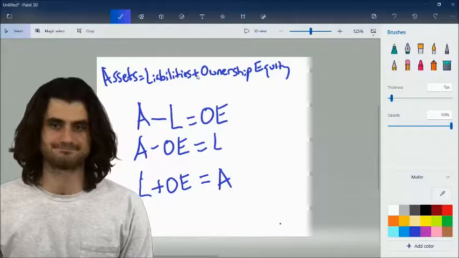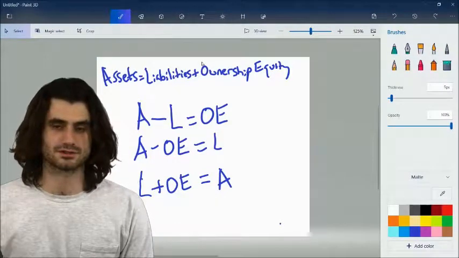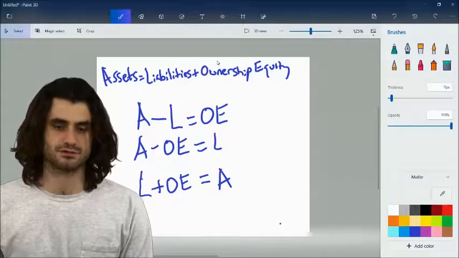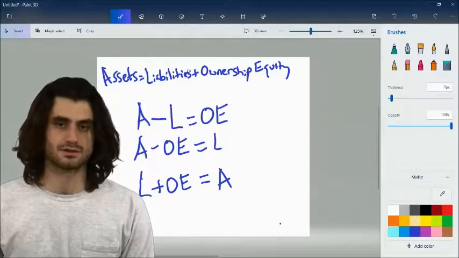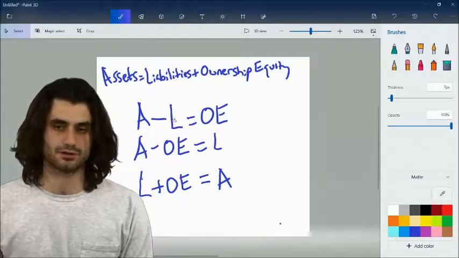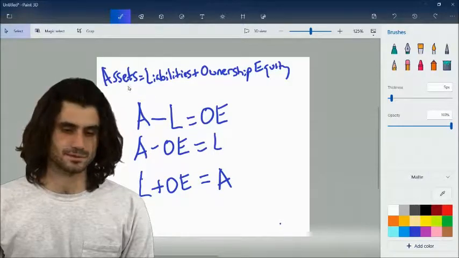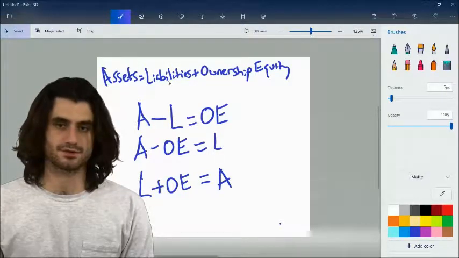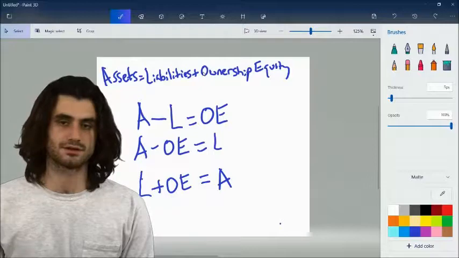Hello. In this section of the balance sheet, I will be covering the main equations involved with the balance sheet. The first one is at the top, and it's the general overview of the other three at the bottom. The first one is assets equals liabilities plus ownership equity.